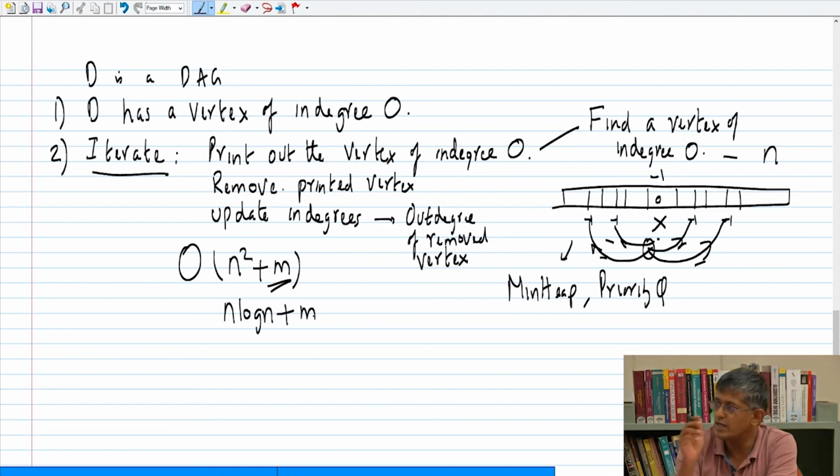That is, pulling out the vertex with least in degree can be done very quickly, and updating the in degrees of other vertices can be done fast.